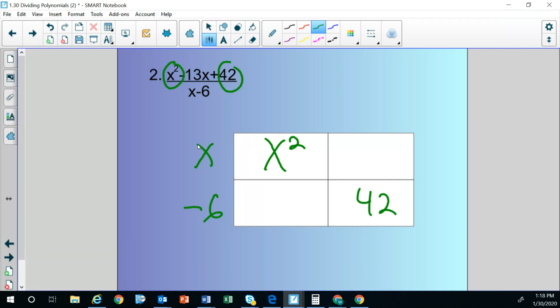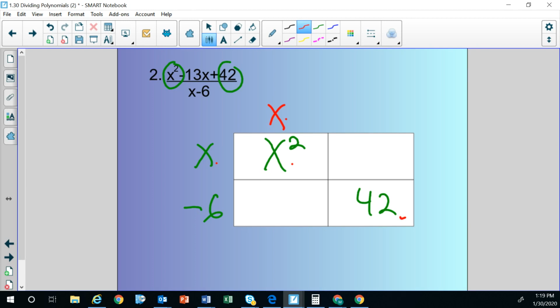All right. So my question to you is this: what term, when multiplied by x, gives me an x squared? And if you say x, you're right. All right, because x times x is x squared. Now let's look at 42.